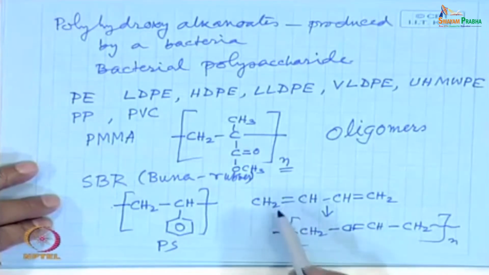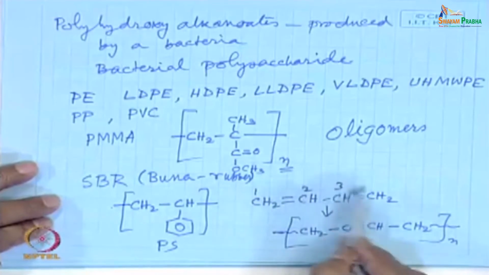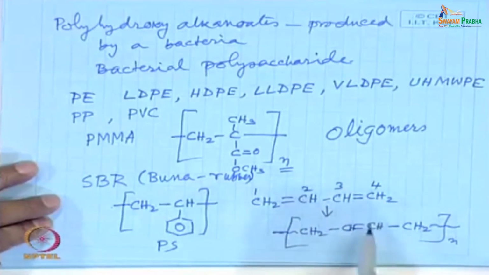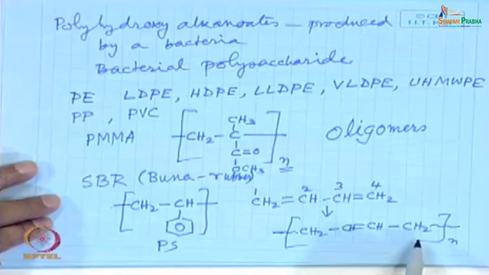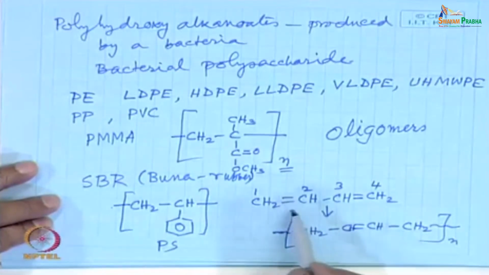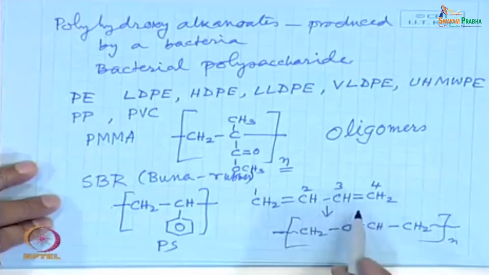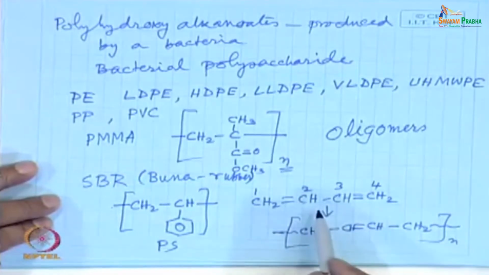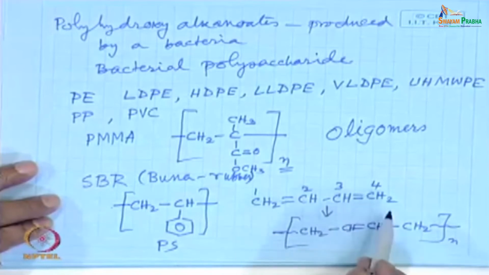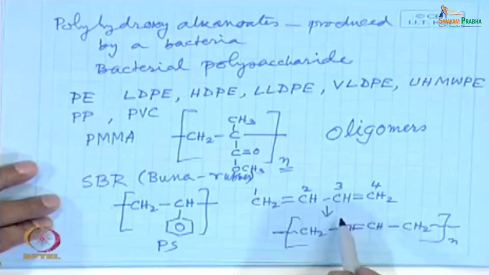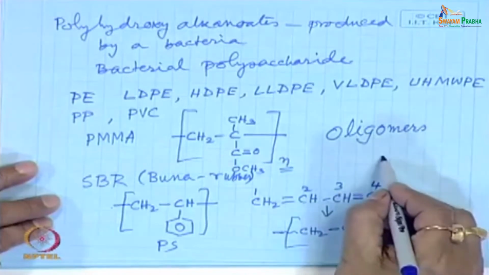So, there can be linkage at 1, 2, 3, 4, 1,4 linkage, this is 1,4 cis polybutadiene, 1,4 trans polybutadiene. You can have either 1,2 linkage or 3,4 linkage, there you will have 1,2 polybutadiene or 3,4 polybutadiene, that is called vinyl unit, like this.